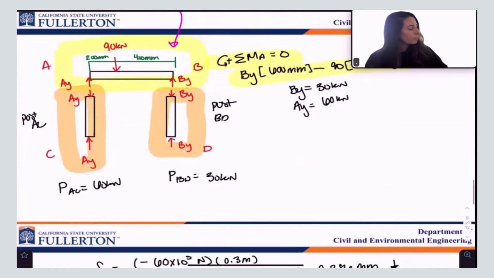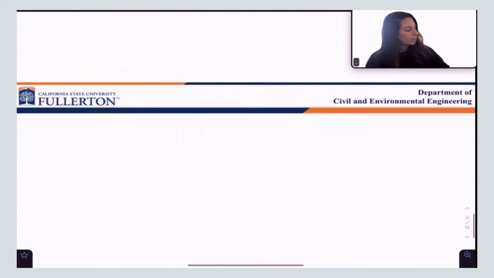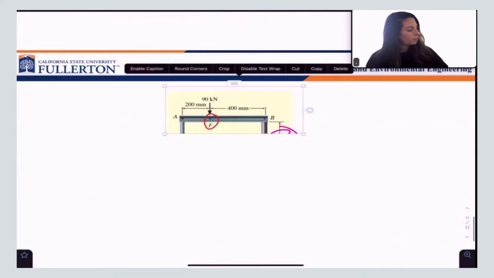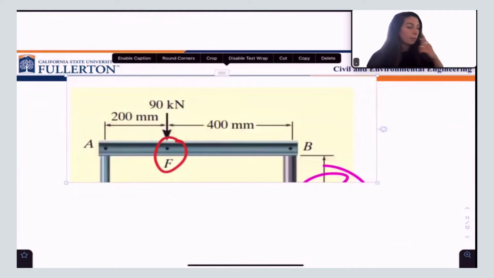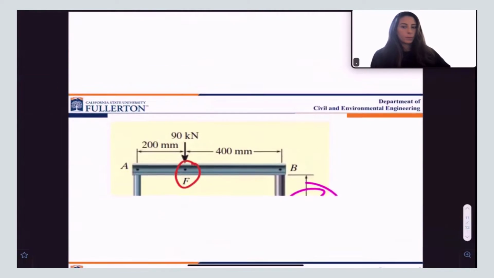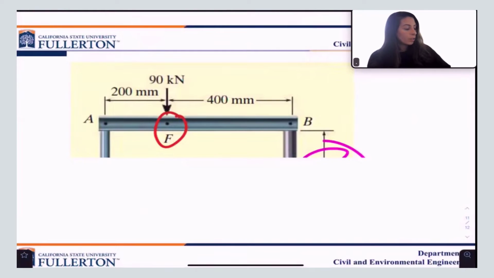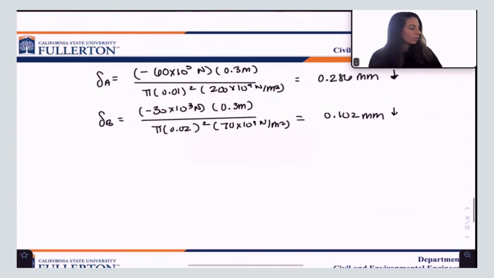So what I'm going to do is copy a little portion of this diagram. I'm going to paste it down here for us to work with. Expand it a little bit, okay? I know that point A has moved down from its initial position, how much? 0.286 millimeters.